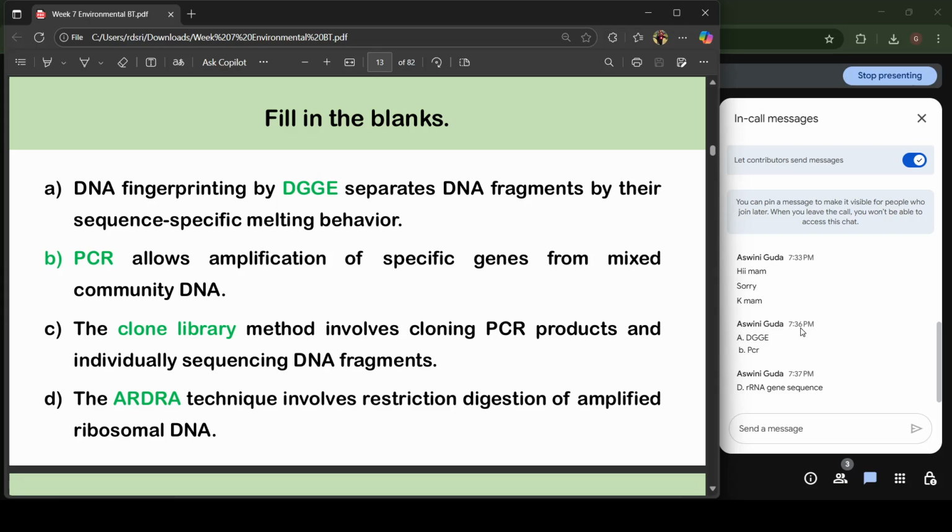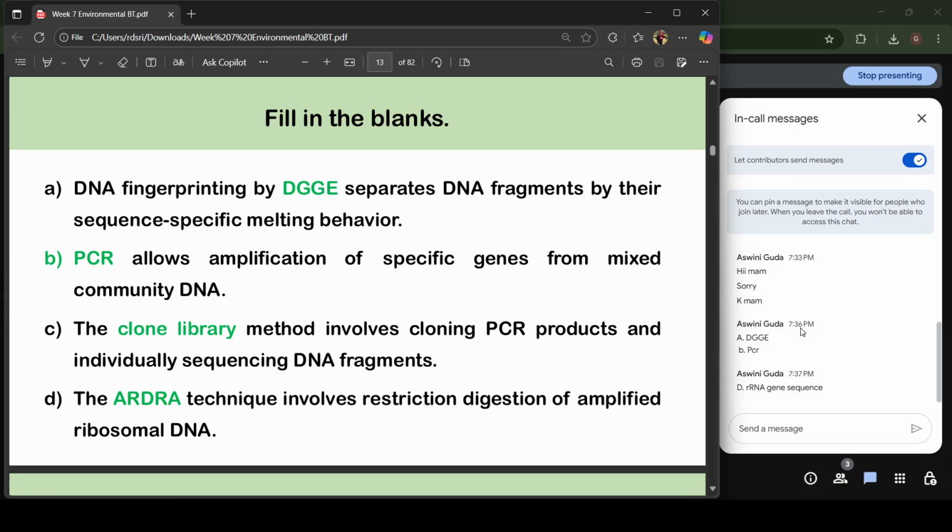Usually in polymerase chain reaction we use high temperatures, so we use Taq polymerase. It is from a thermophilic bacteria and will not denature at high temperature. So the primer, nucleotides and the Taq polymerase are very important in a PCR reaction, and with this we can amplify the specific genes.